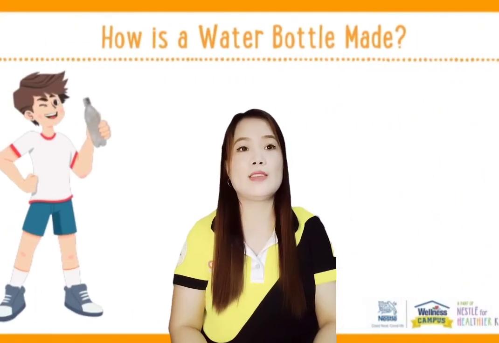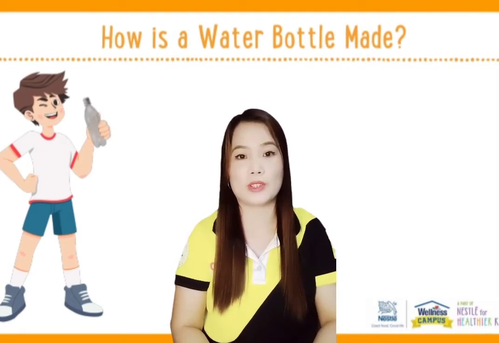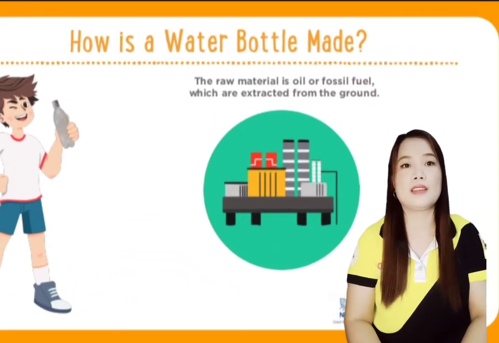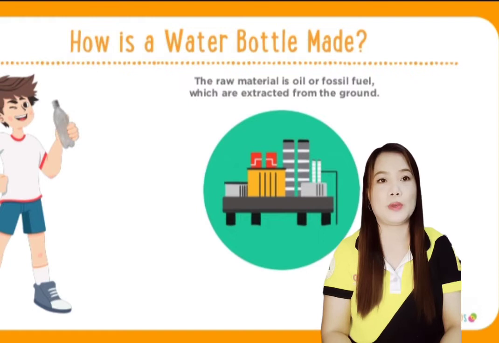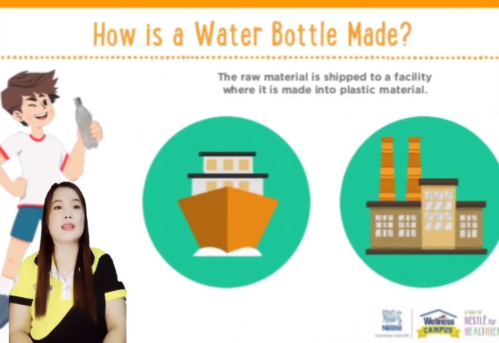Now, let's look at the process of manufacturing a bottle of drinking water. In the case of a plastic bottle, our raw material is oil and fossil fuel, and these are extracted from the ground. The raw material is shipped to a facility where it is made into plastic material called polymer or resin.